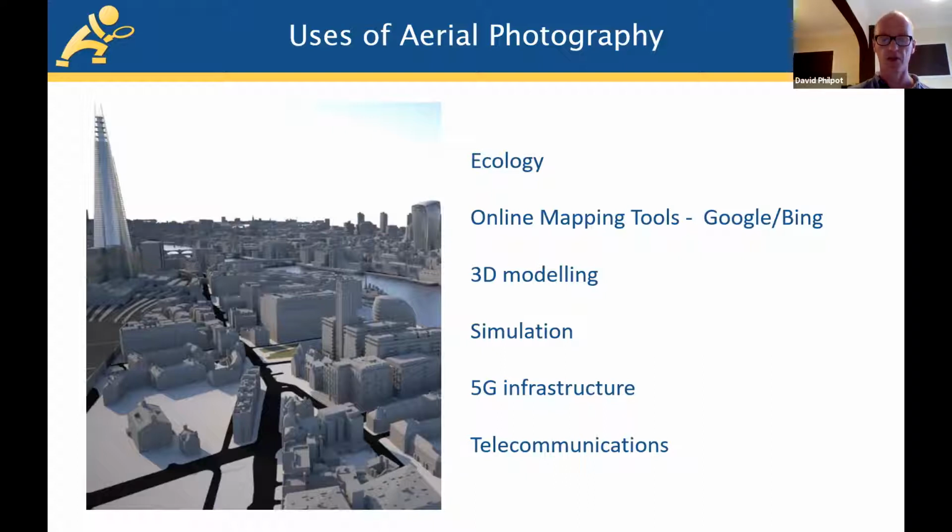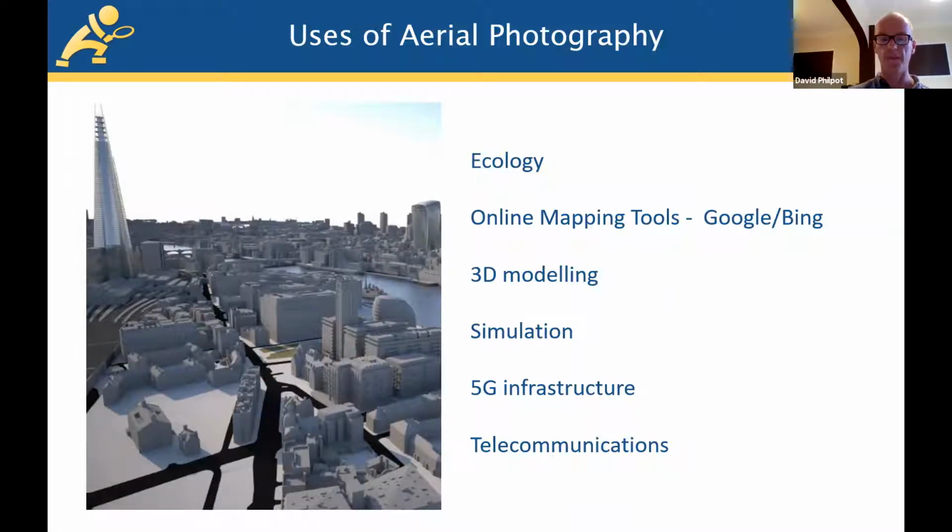And aerial photography is only one component of that, but the derived products like a very high quality digital surface model combined with high quality aerial photography gives you some of the inputs for creating very accurate and detailed 3D models of cities, which is an increasingly useful planning and visualization tool.